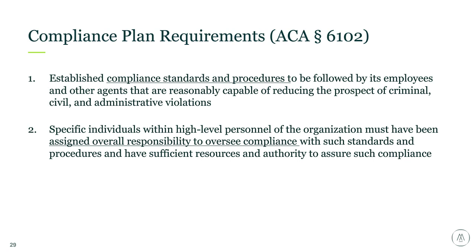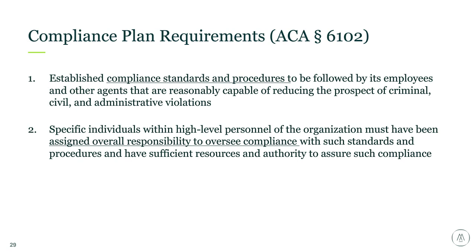You have to have established compliance standards and procedures that are followed by the employees of the organizations and other agents that is reasonably capable of reducing the prospect of criminal, civil, and administrative violations. We know we can't completely eliminate risk, but we have to mitigate risk through our procedures.